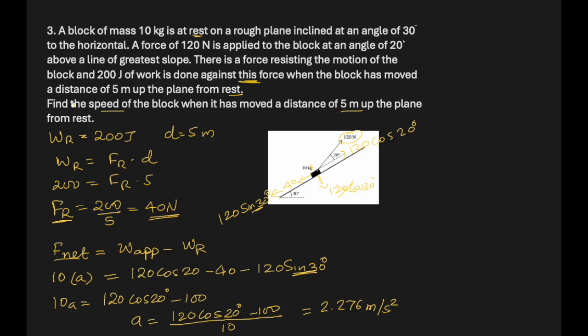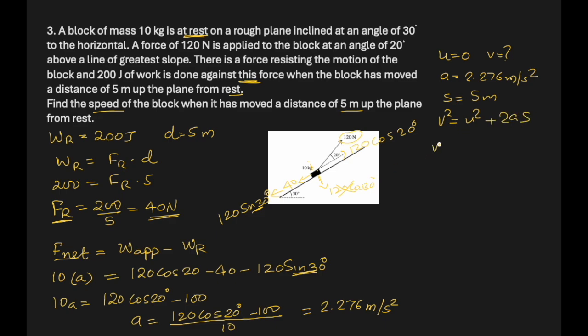Okay, but our job was to find the speed of the block when it has moved 5 meters up. So we know it started from rest. So U is 0, V we have to find, A we know is 2.276 meters per second square. We know S also, it moved 5 meters. So we can find V easily by this. V square is U square plus 2AS.